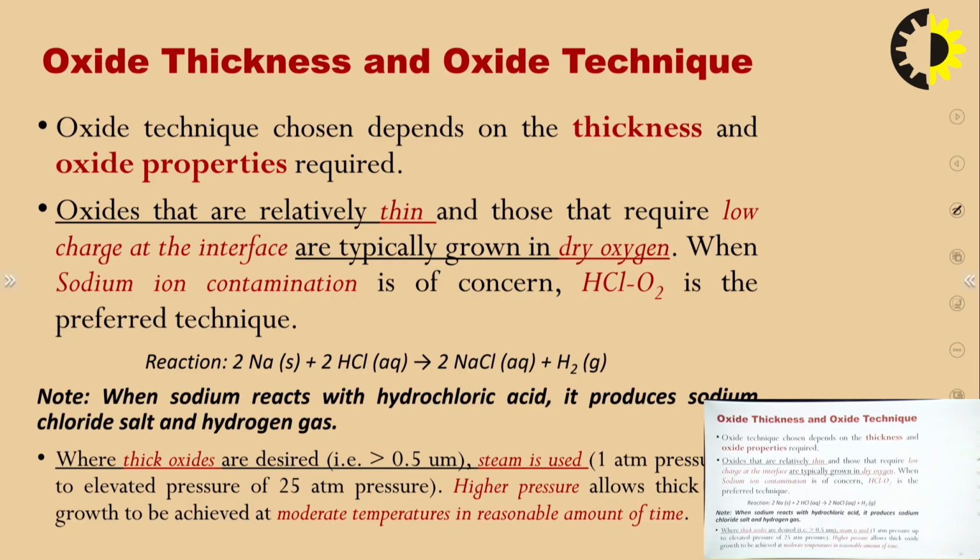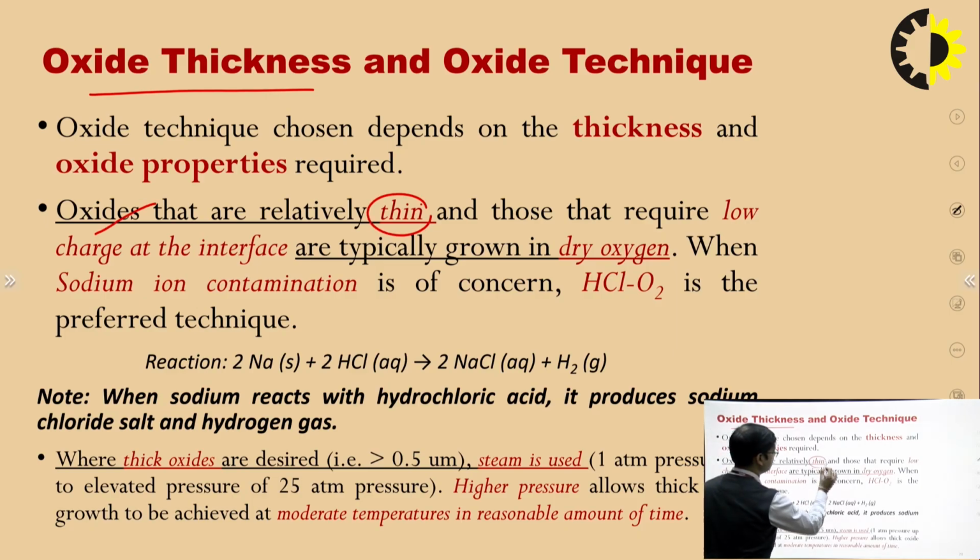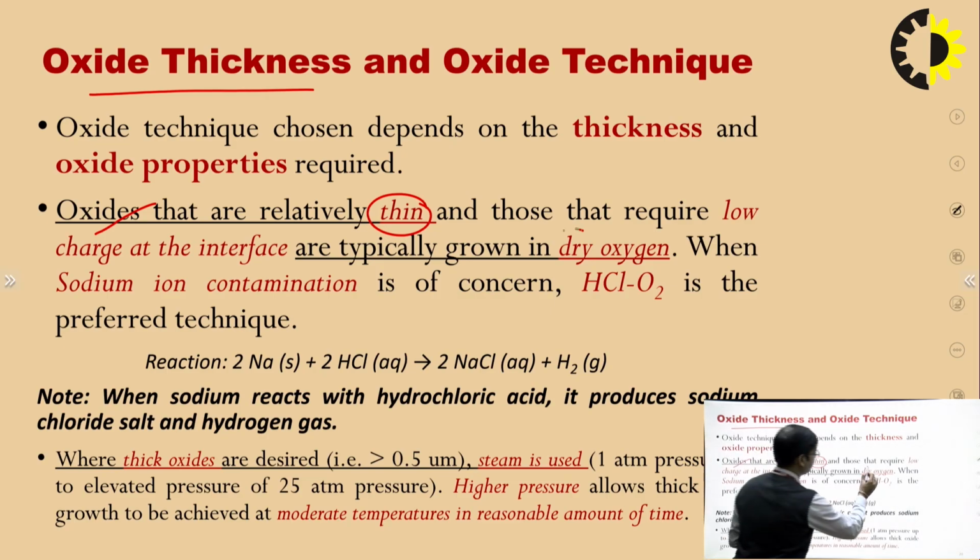Okay. Now, oxide thickness and oxidation technique. What is the role of oxide thickness in choosing a particular type of oxidation technique? That has been discussed here. If the oxides are relatively thin, then they can be grown in a dry oxygen environment.